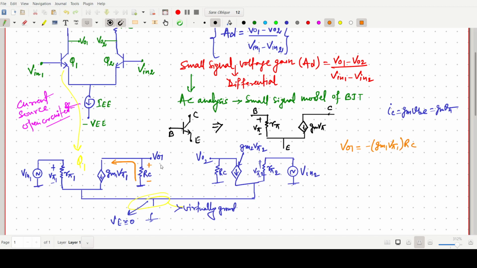Very simple. And similarly V naught 2 is nothing but simply we have to multiply with RC into gm2 V pi 2, this minus plus. So V naught 2 is more or less gm2 V pi 2 into RC.